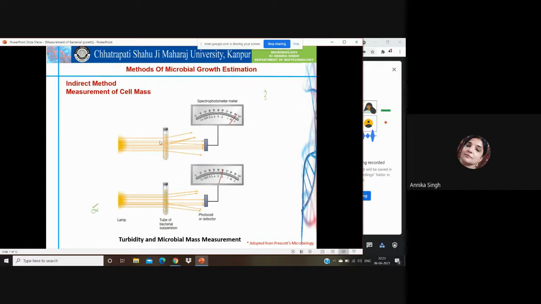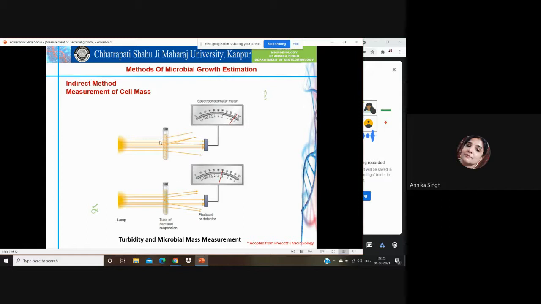Another method to estimate the cell mass is by measuring the concentration of some cellular substances. For example, a sample of cells can be analyzed for total protein, and an increase in the microbial population will obviously reflect higher total protein levels.